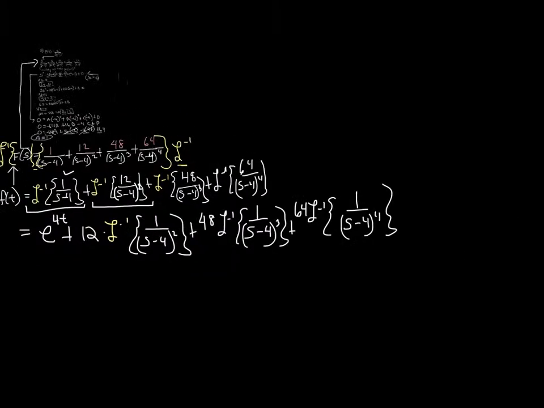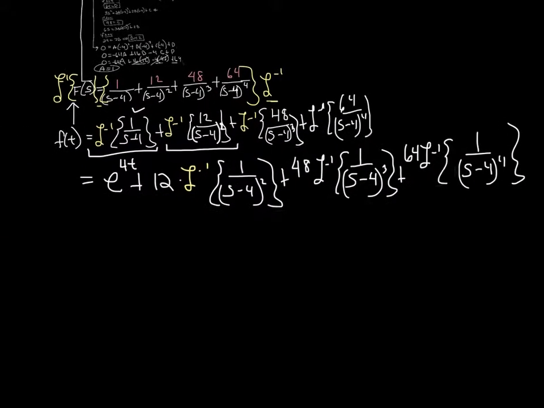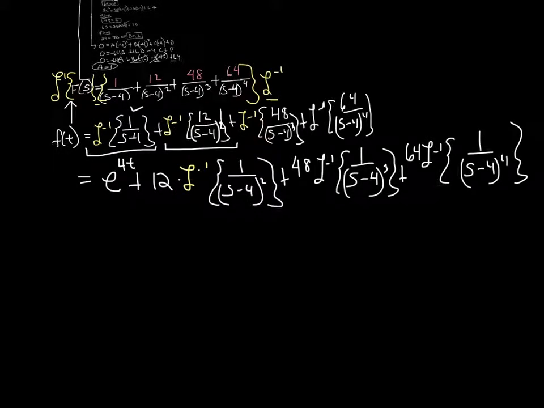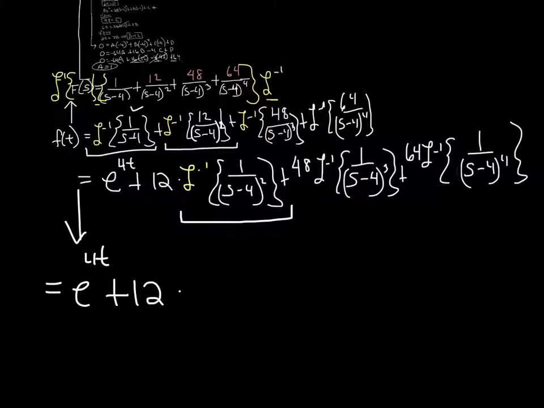Okay, let's see if I can do this in one line. So this guy is the same: e to the 4t. We already found the inverse Laplace of that. So plus 12 times what? Now, this guy, again, I'm looking at page 290 in your book, second column, looking at my f of s.